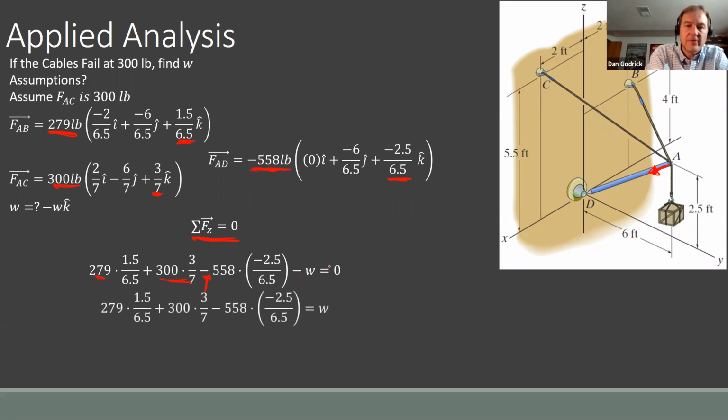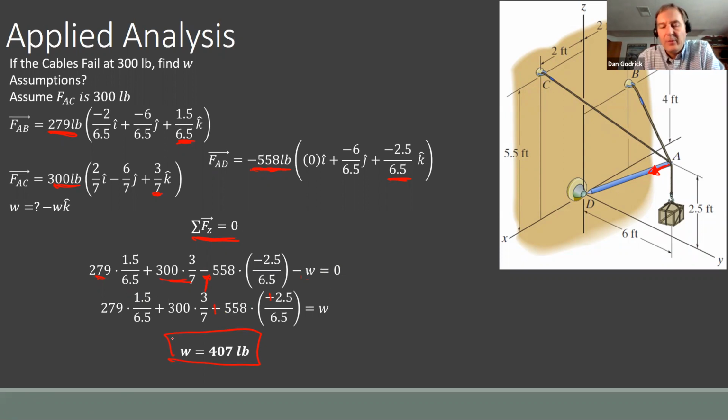Bring the W to the other side, and then just do the math. 279 times 1.5 divided by 6.5 plus 300 times 3/7 minus 558 times minus 2.5. I always like to just make those positive. What do we get? W equals 407 pounds.